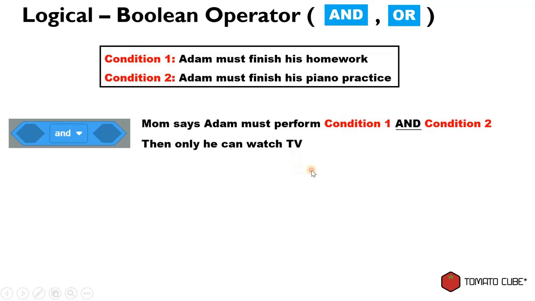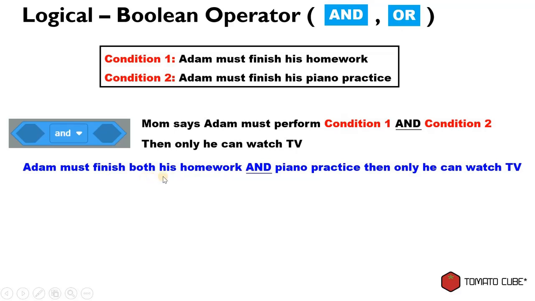So that means that Adam must finish both his homework and piano practice, then only he can watch TV. Mom used the AND operator, so that means Adam has to do both his homework and piano practice, then only he can go ahead and watch the TV.